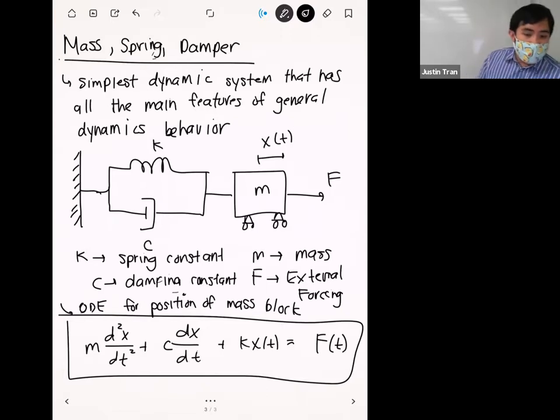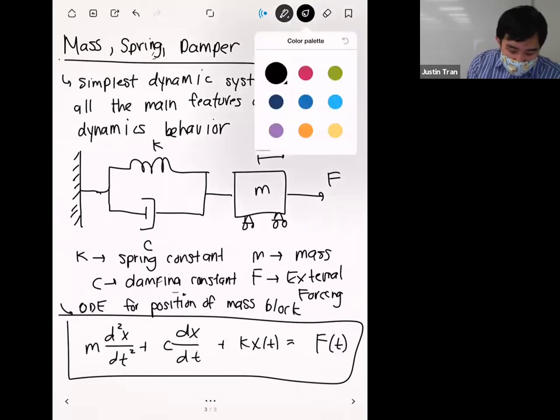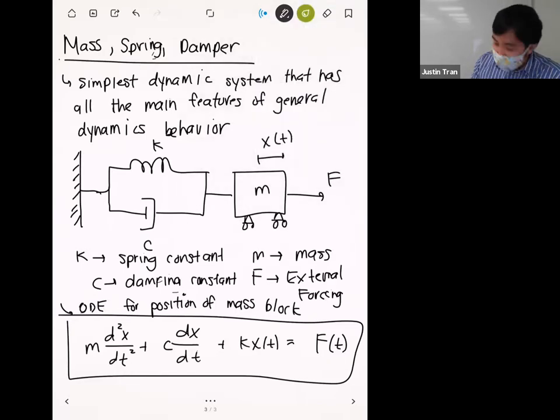Okay. All right. Because we have a differential equation here that changes with time, we know our solution is going to change with time as well. And the behavior of that solution is going to depend mostly on the values of our different parameters. Depending on M, C, and K, those are going to determine what our solution ultimately looks like.